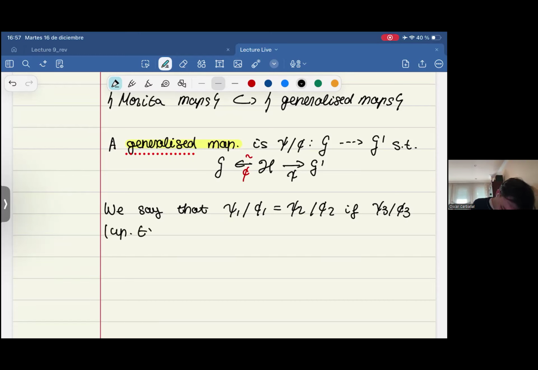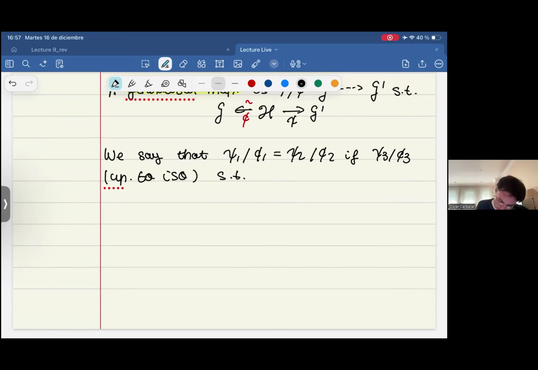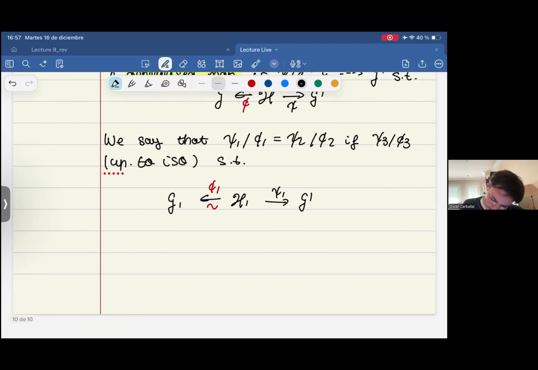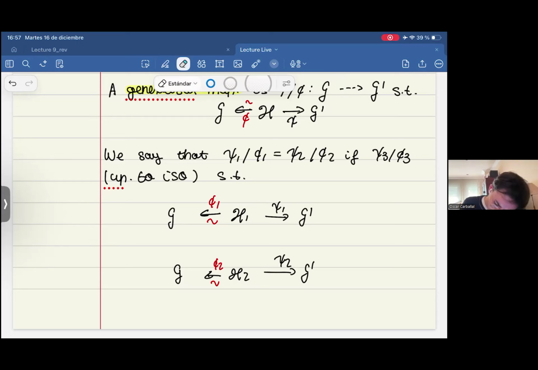Up to isomorphism of Lie groupoids, such that the following diagram commutes. So here we put H1, G prime. We have our Morita map here, which is phi 1. Then we have our H2 here, psi 2 onto G prime, a morphism of Lie groupoids. Our other Morita map here is phi 2 onto G. Well, sorry, I put G1 here. It's only G, right?